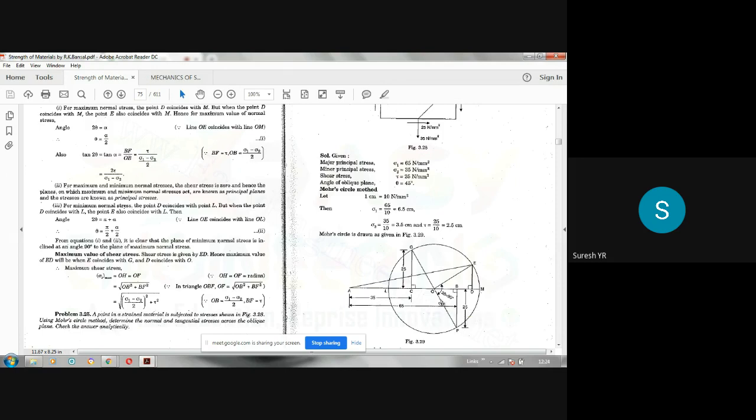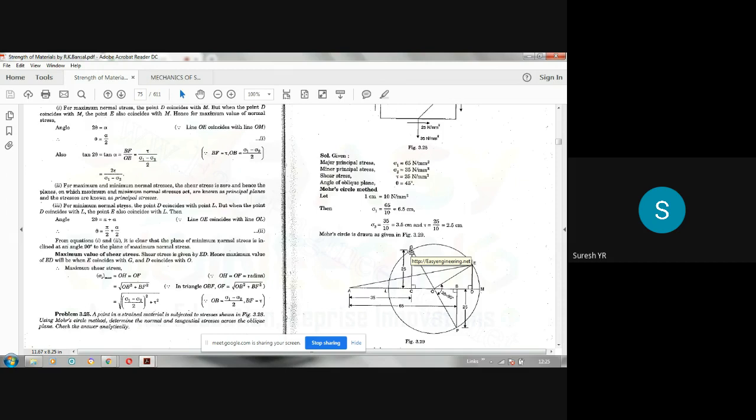And he has asked for the maximum shear stress also. Maximum shear stress is given by the radius of this Mohr circle. Please note that. So measure OG or OF or OL or OM, whatever it is, from the scale. Convert that into Newton per mm square.